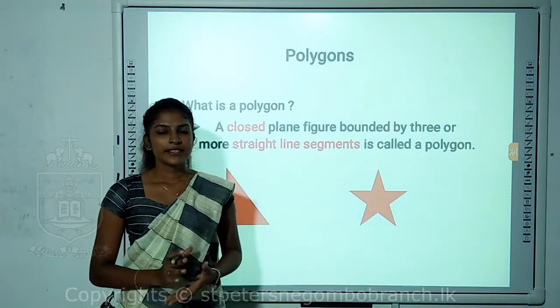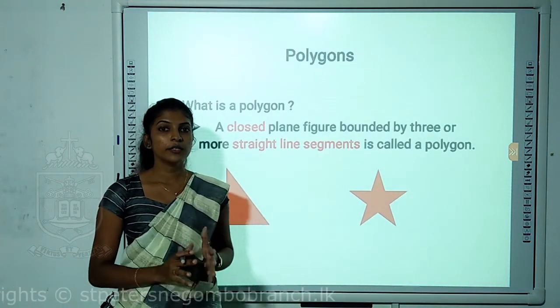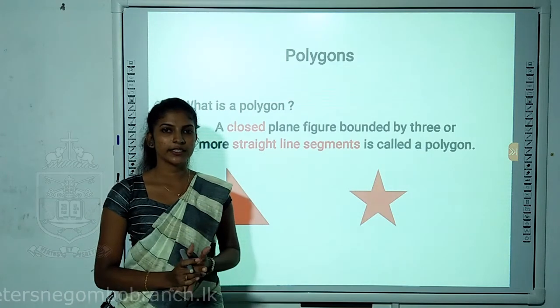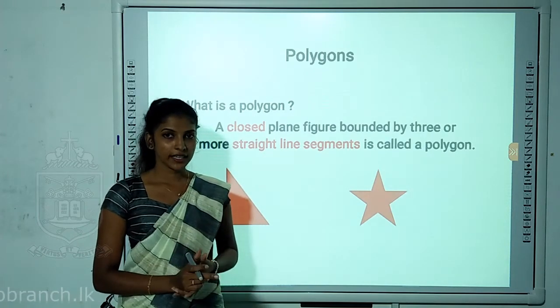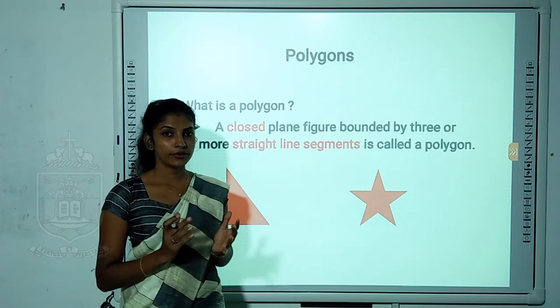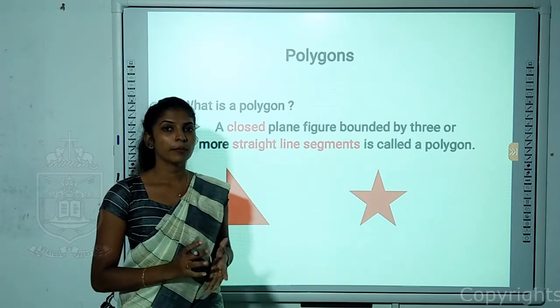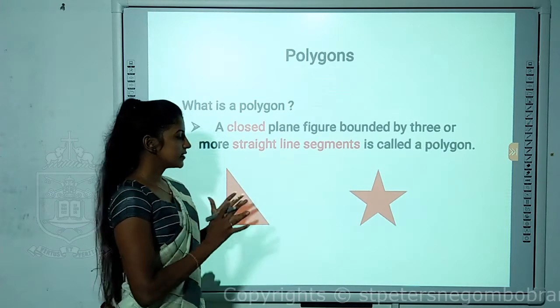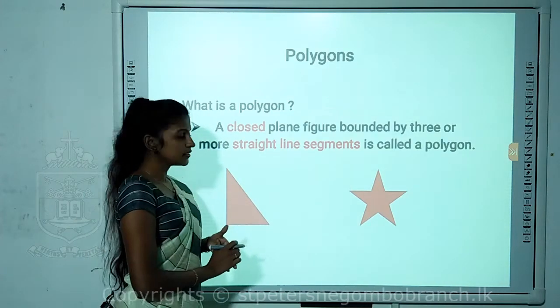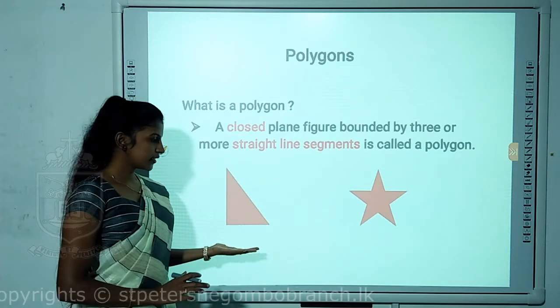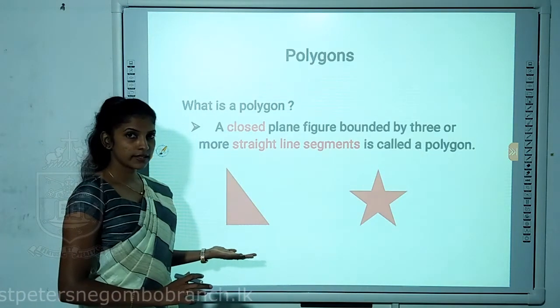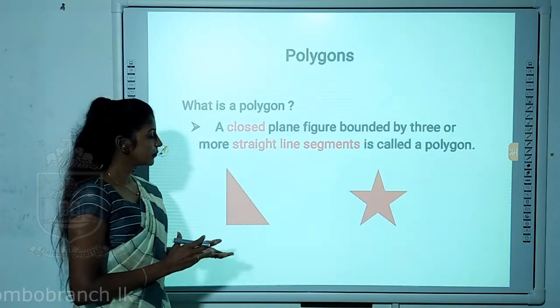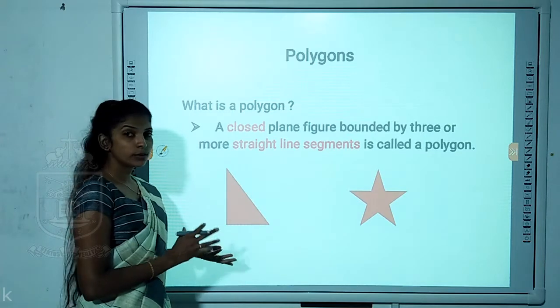Right. So in this lesson mainly we are going to discuss polygons. So what is a polygon? A polygon is a closed rectilinear plane figure bounded by straight line segments. Now you can see I have taken two figures here. Both figures are closed, not open.